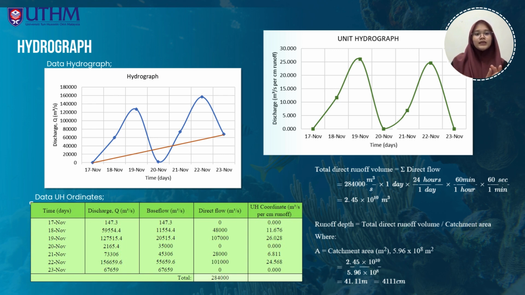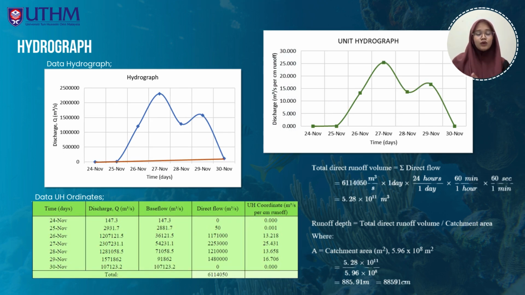After that, we calculate the runoff depth, which is the total direct runoff volume over the catchment area. The catchment area for this project is 5.96 × 10^8 m². So we obtained 4,111 cm, and to calculate the UH ordinate, we divide the direct flow by the runoff depth that we calculated before.